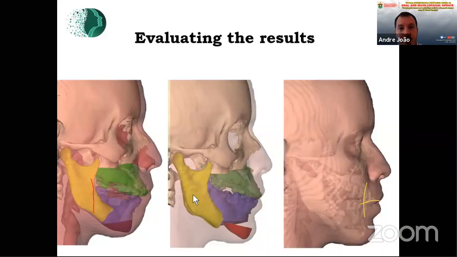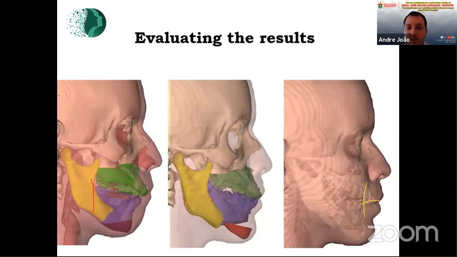And the dental malocclusion was corrected after surgery. So I think the main purpose of this talk is to show you that if I didn't have this 3D environment to analyze the bone and the bone movement, I would probably have ended up with the first plan in traditional surgery.